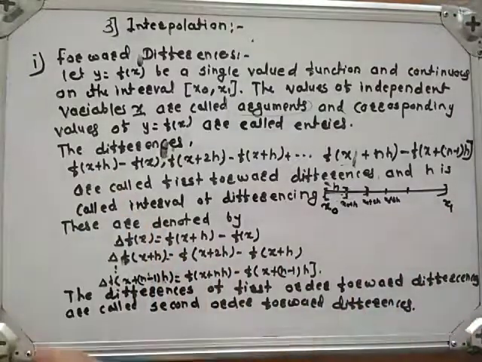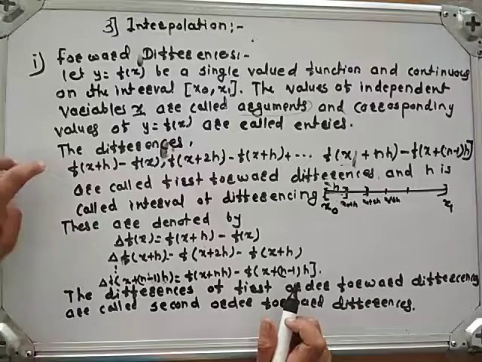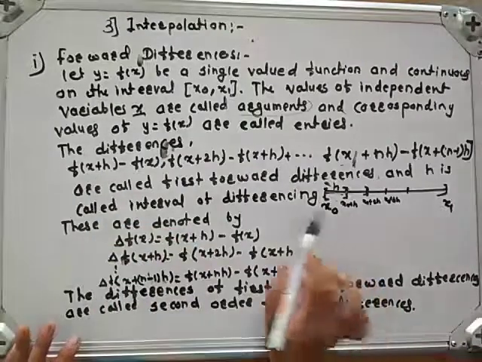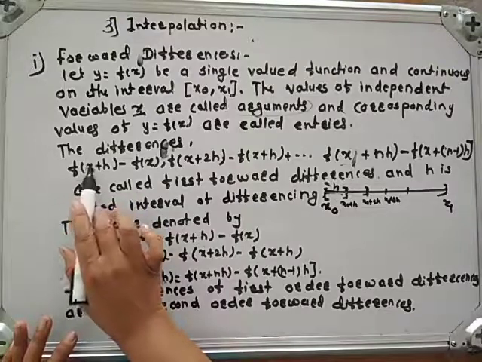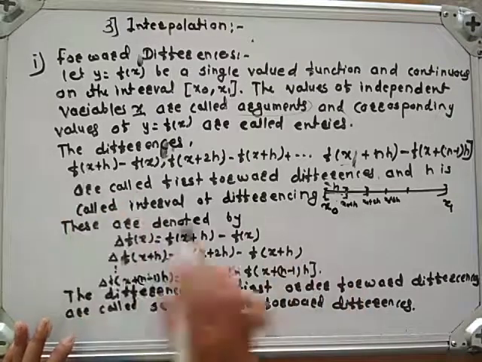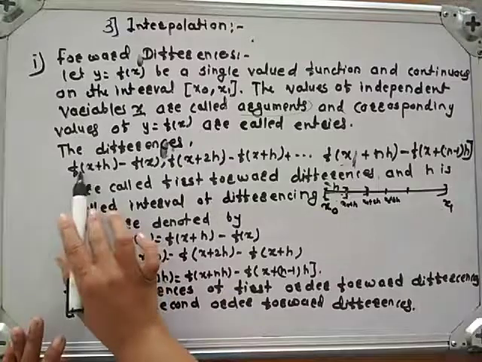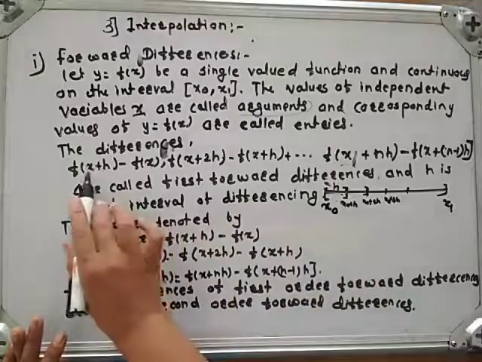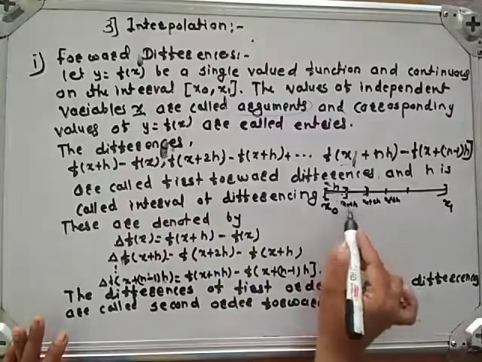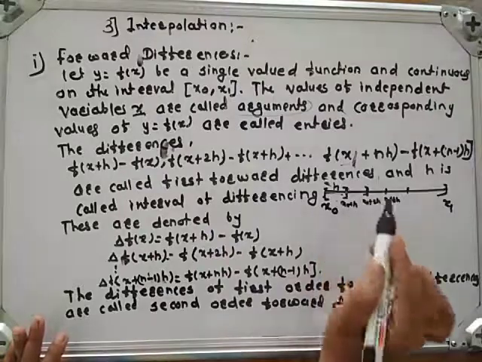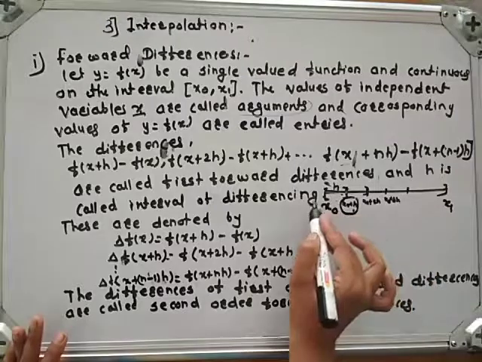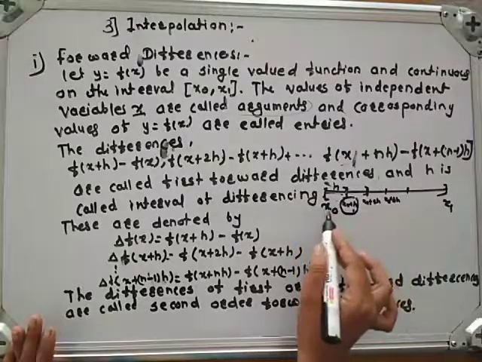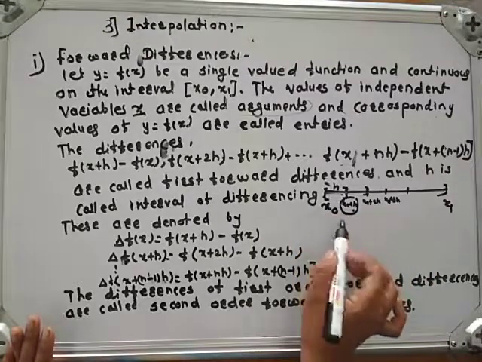Now the differences. Suppose we replace x by x0, then what happens? The differences are f of, the value of the function at point x0 plus h minus the value of the function at point x0.